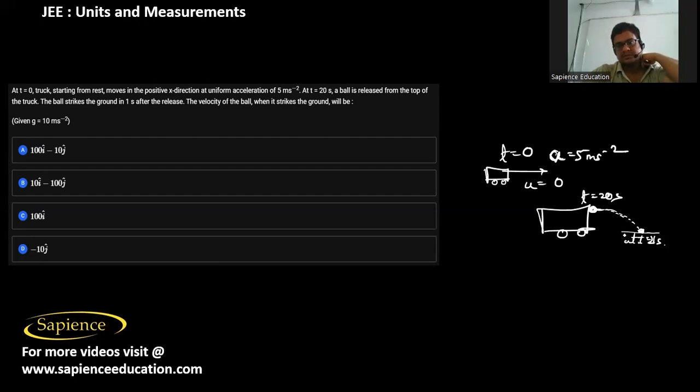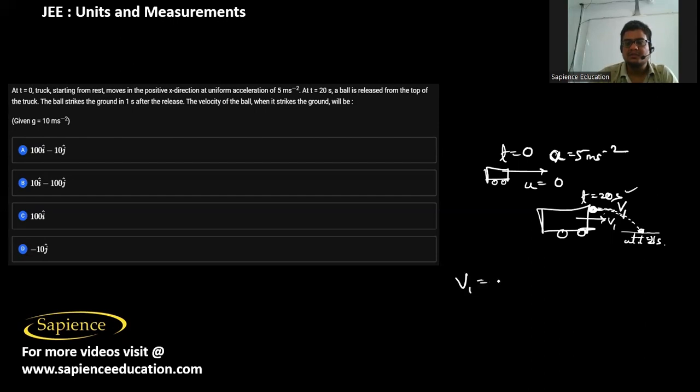Since it is released at t equal to 20 second, then the velocity of the ball when it strikes the ground will be, okay. So it means the horizontal velocity, let's say v1, with which the ball will move will be the same as the horizontal velocity of the truck at t equal to 20 second.